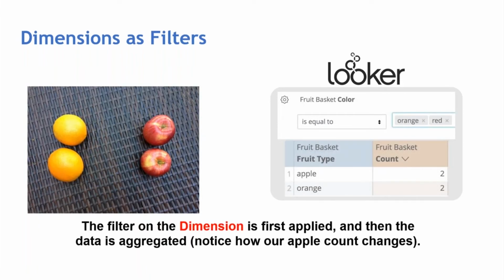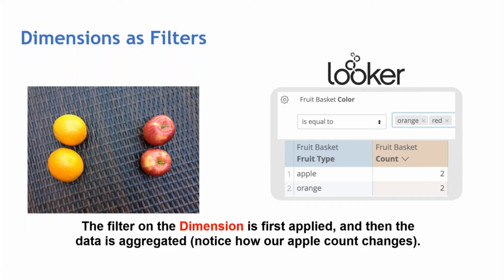So going forward, if you have put color in the filter saying orange and red, you get only two records, since we have only two fruit types that are orange and red, which are apple and orange, and the total count of those fruits will be displayed in the dashboard.